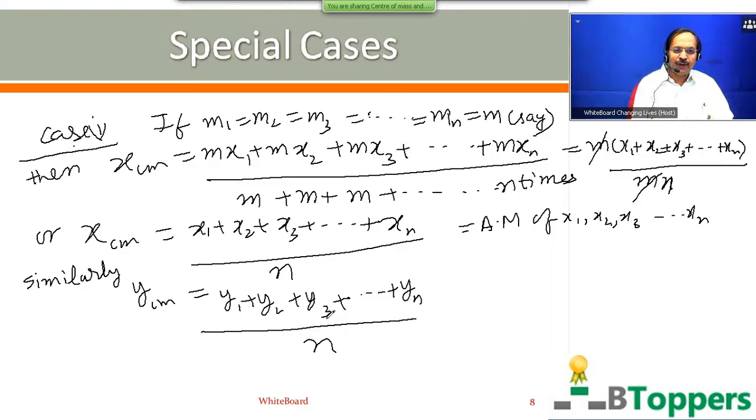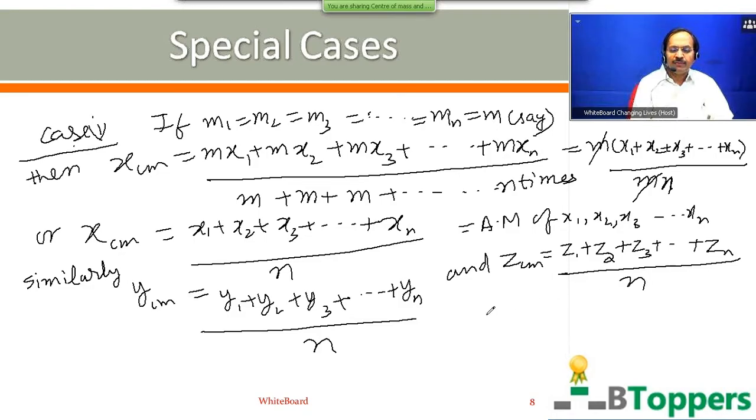That means the arithmetic mean of y1, y2, y3 up to yn. The same way, the z coordinate of center of mass of the system of n particles which have the same mass, you can write z1 plus z2 plus z3, etc., up to zn, divided by n.